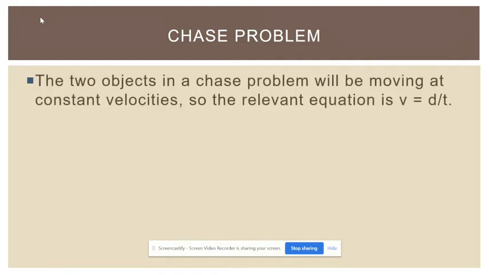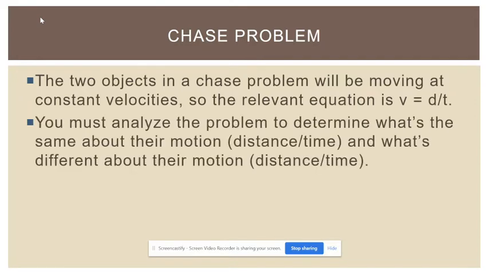But I want to write down a couple of things about these problems. So the first thing that we should say is that the two objects in a chase problem will be moving at constant velocities. So the relevant equation for these problems is going to be v equals d over t. The main work involved in this problem is visualizing it.